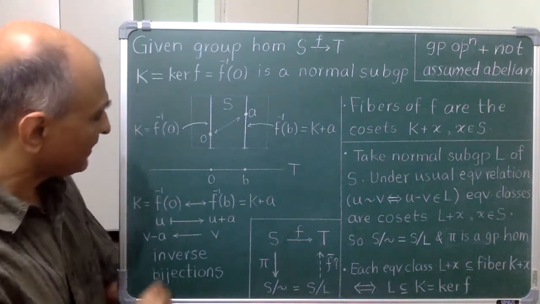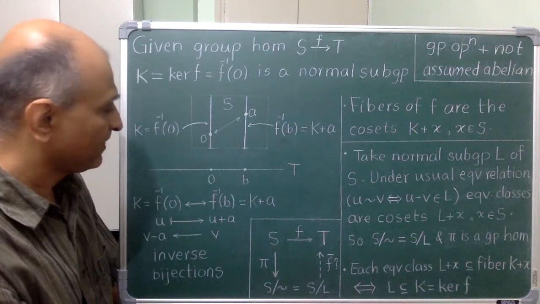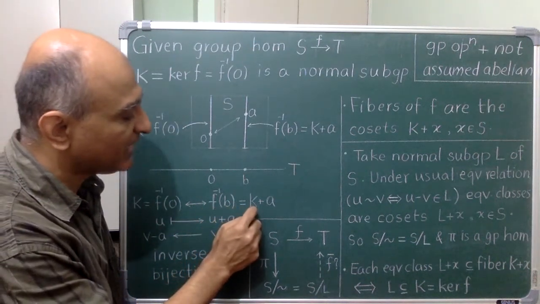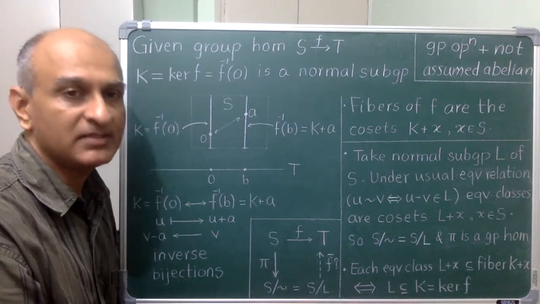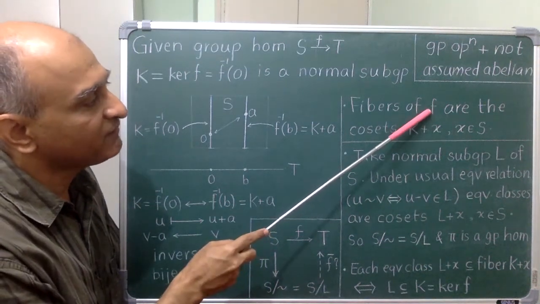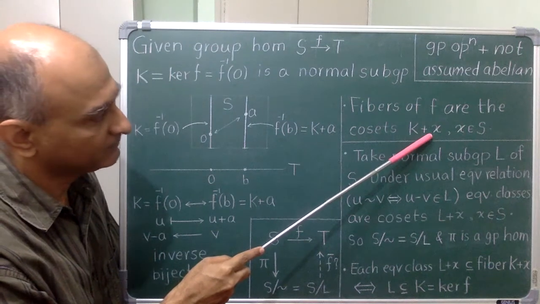Okay, because in the forward direction I am adding A, the fiber F inverse of B is just the coset K plus A. Left or right doesn't matter because K is normal. Therefore, the fibers of F are precisely the cosets of the normal subgroup K.